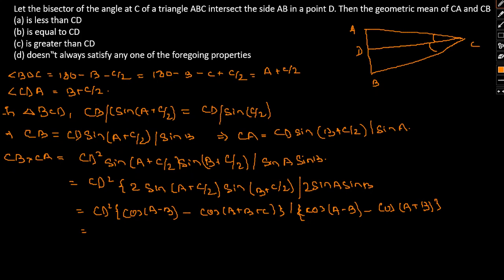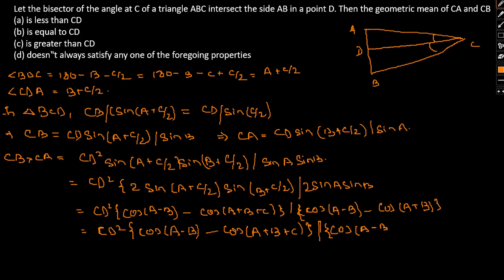So this can be further written as CD square into cos A minus B minus cos A plus B plus C by cos A minus B. Okay, sorry, my bad. Cos A plus B plus C, so it will be 180, so it will be 1. Okay, my bad. Made a small error over here.